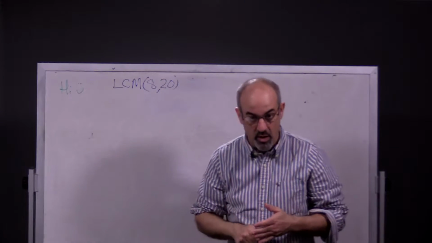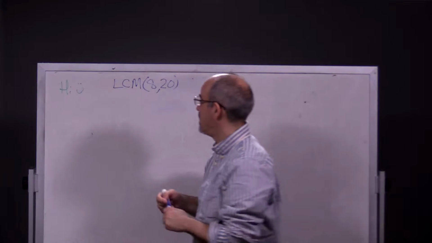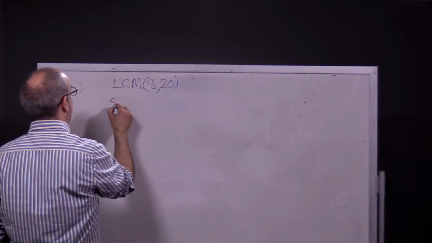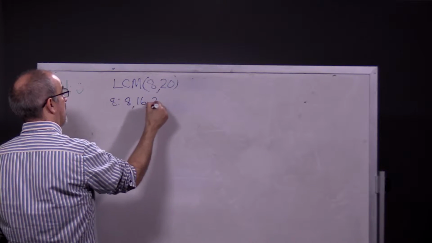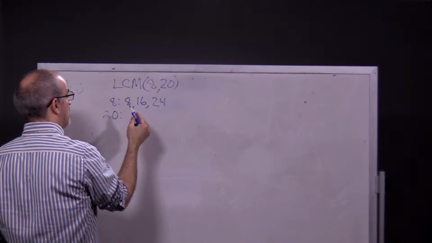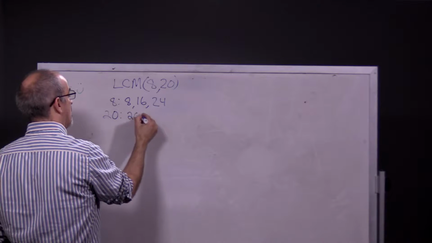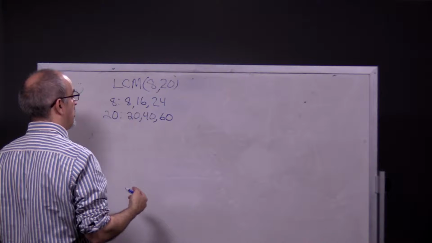You can just list out all the multiples of both of the numbers. So let me list out some of the multiples of 8. I'll do 3 at a time. Makes sense to do 3 at a time.